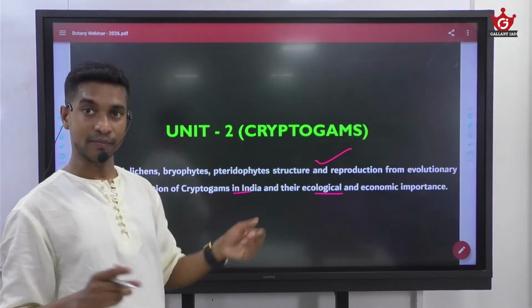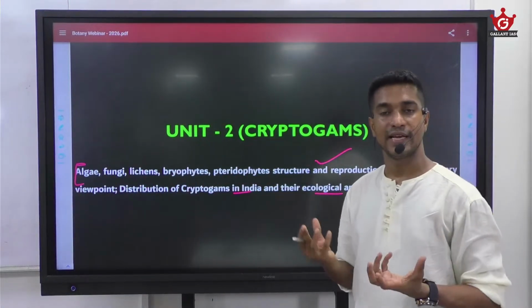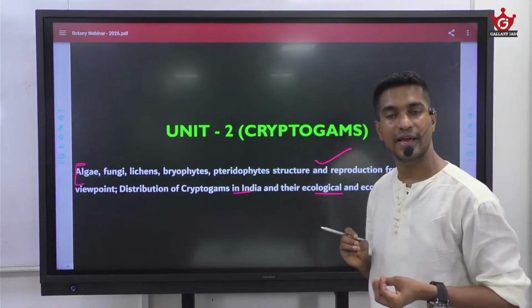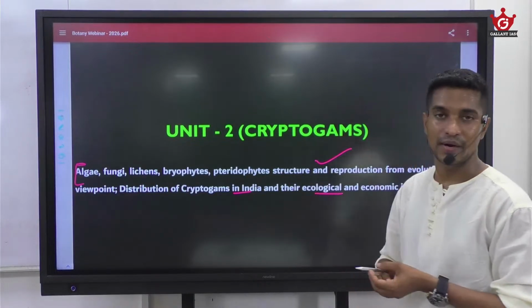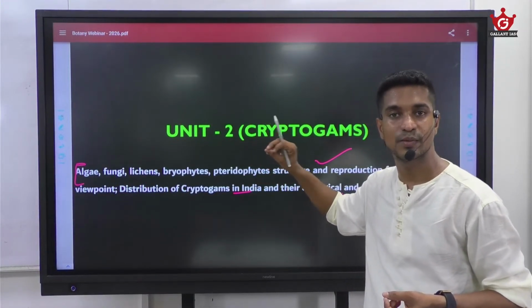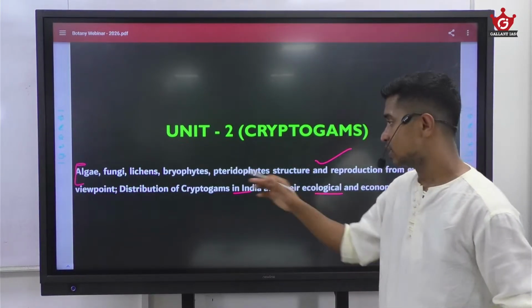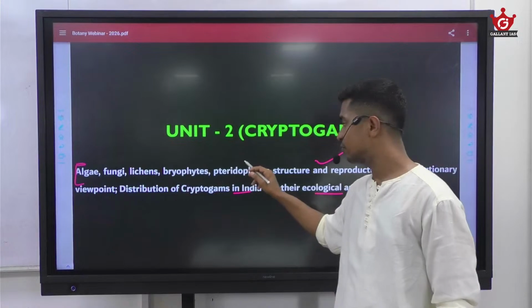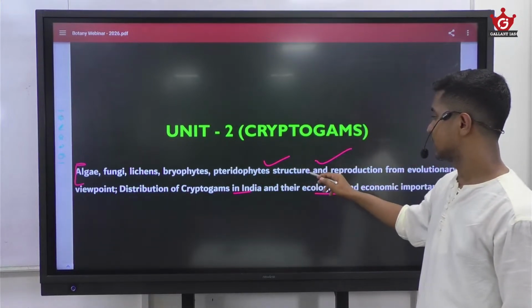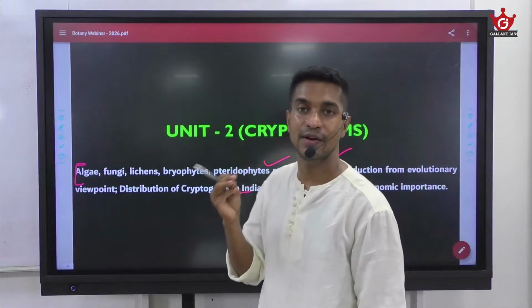Likewise, under lichens, bryophyte and pteridophytes, their structure, their reproduction, and their ecological and economic importance. That is the reason I am saying this is the most important unit in paper 1.